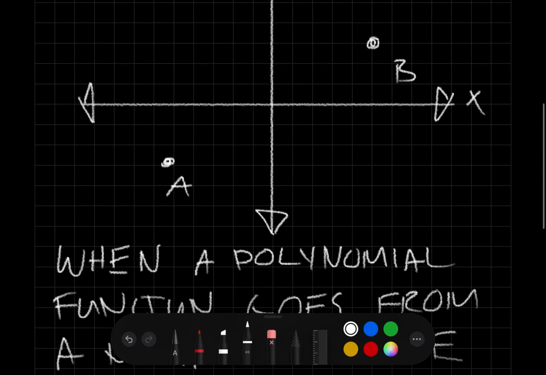So if I have a polynomial function with no gaps, no jumps, it's continuous, it's going to have to touch that x-axis at some point.